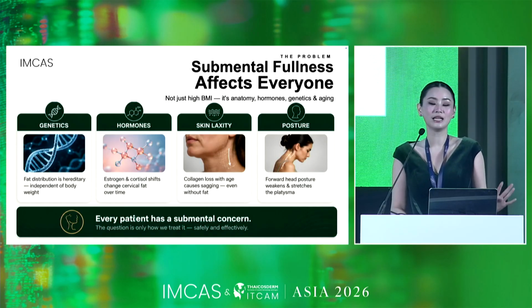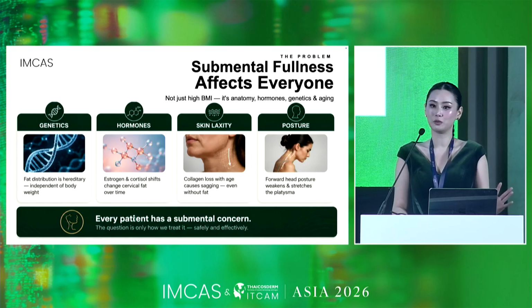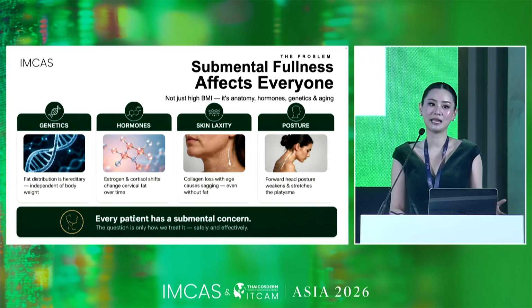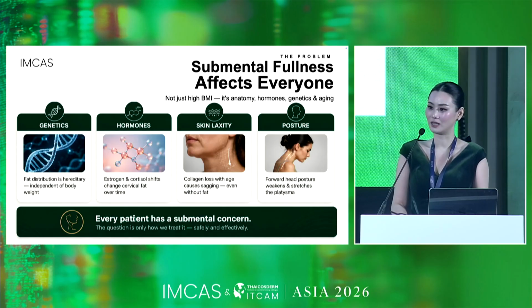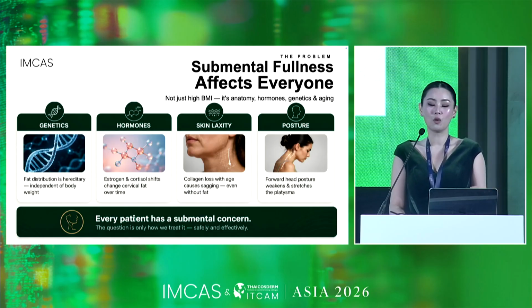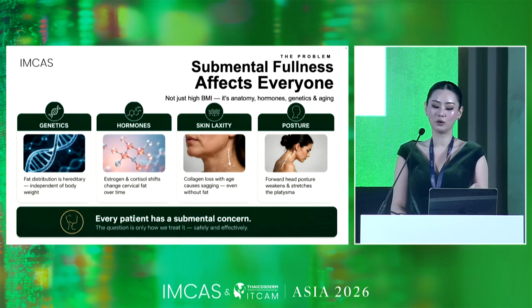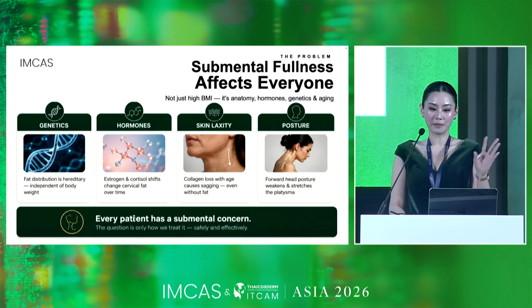Because double chin is not simply related to body weight. So in clinical practice, you can see some slim patients with significant fullness or with double chin, while others with a high BMI have a good jawline. Because it's not only about the fat, but genetics, hormones, skin laxity, and posture. So multiple layers are involved, and every patient has a submental concern.